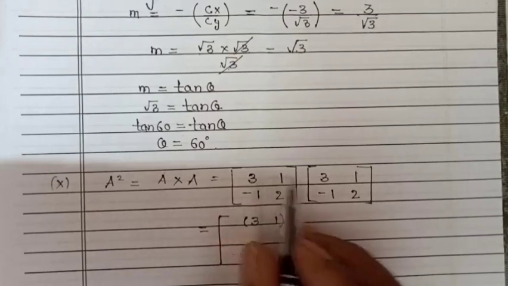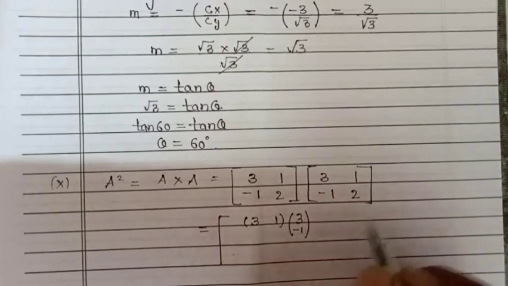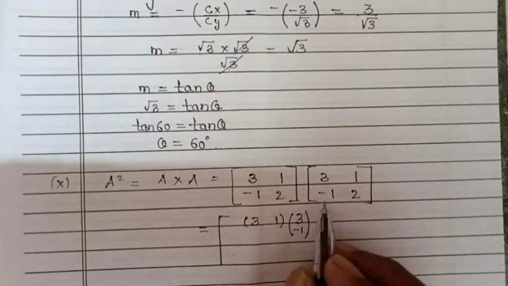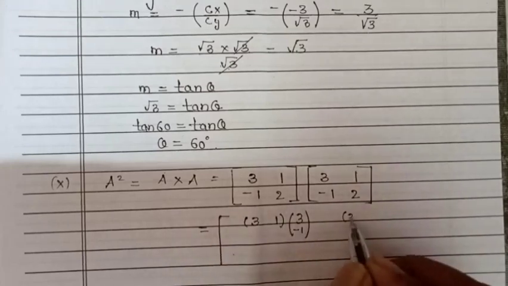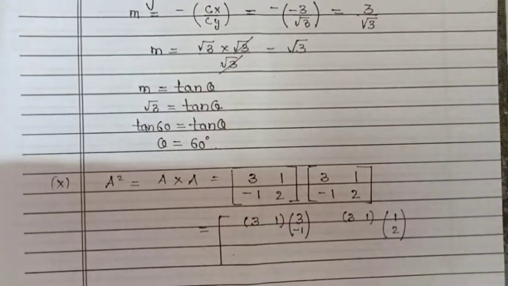First row, there are two columns for it. So first row multiplied by first column, then again the first row multiplied by the second column. See, it's very simple to multiply it.